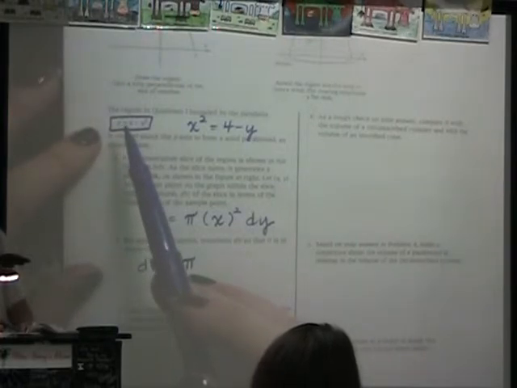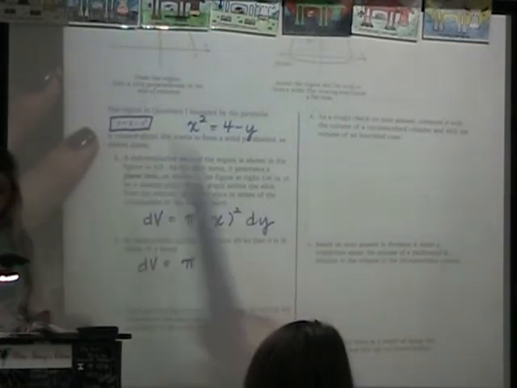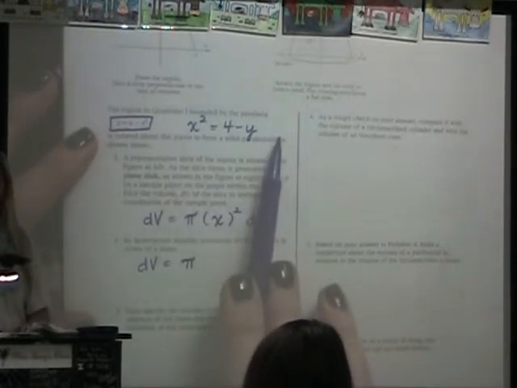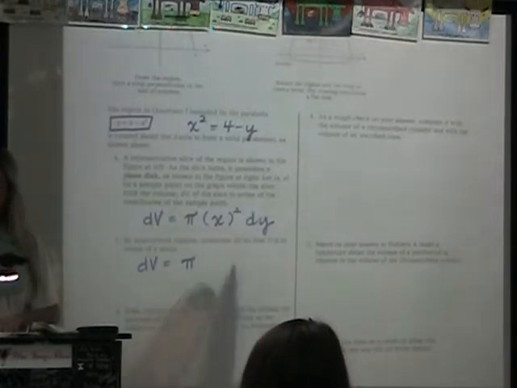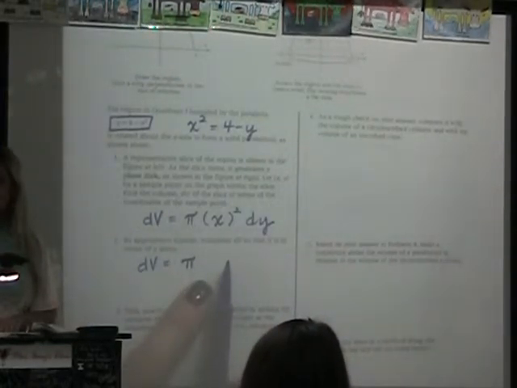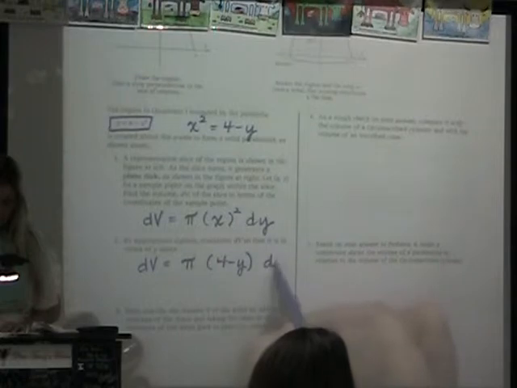Because you move the negative x squared to the left, it becomes positive x squared. Move the y to the right, it becomes a negative y. 4 stays positive. So x squared equals 4 minus y. We're just going to make that substitution, 4 minus y, in the place of x squared. Now we're not going to square it because it's equal to x squared. Okay? So it's going to be 4 minus y dy.